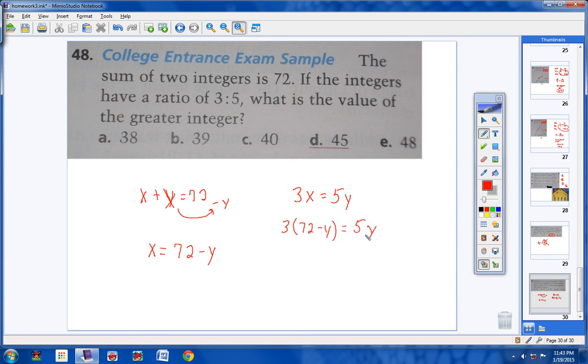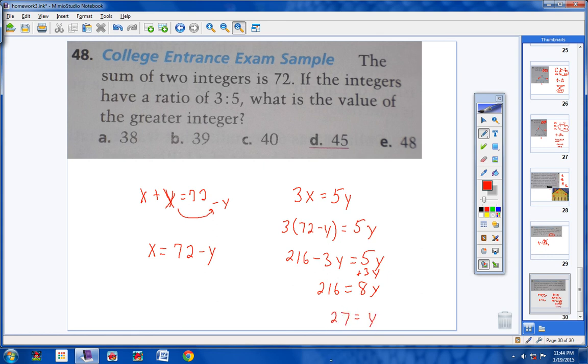Now let's solve for y. 3 times 72 would be 216. 3 times negative y is negative 3y equals 5y. Now bring your 3y over and make it a positive 3y. So 216 equals 8y, because 5 plus 3 is 8. Now divide both sides by 8 and you will get 27.